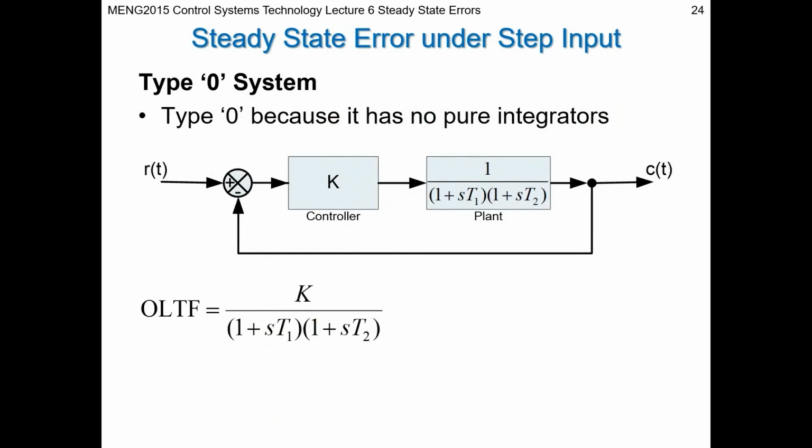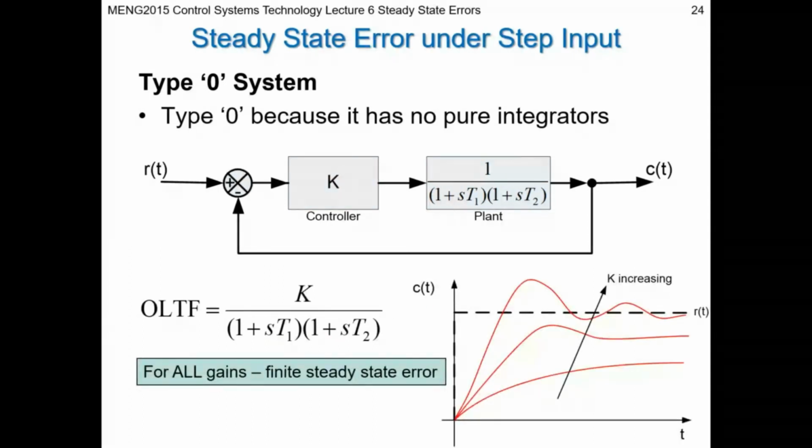So let's look at a type 0 system under a step input. Our open loop transfer function is K times our plant model, K over (1 plus sT1) times (1 plus sT2). Right, so if we apply a step input to this, we're going to have a finite steady state error.